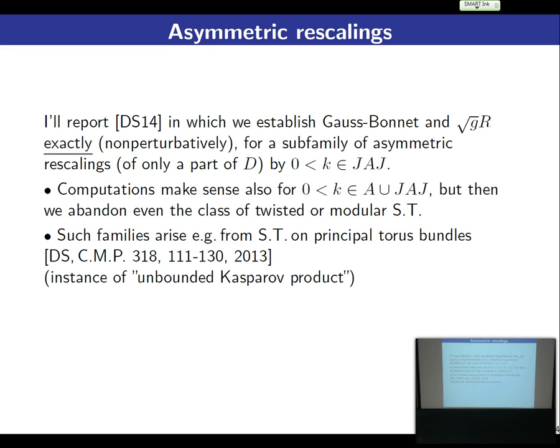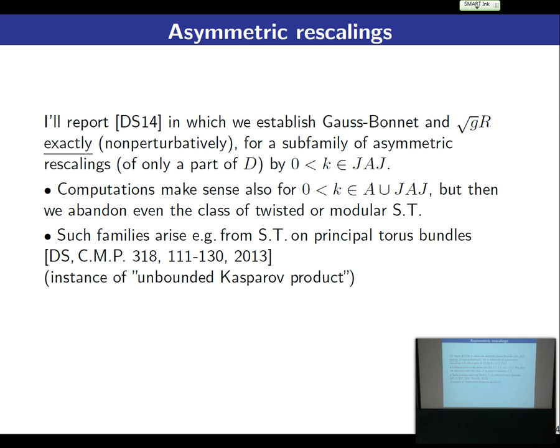Such perturbations, which I will describe explicitly in a second, arose from a paper we had with Andrzej two years ago, in which Dirac operators on principal torus bundles, or circle bundles in this particular paper, and later on principal torus bundles, were discussed.